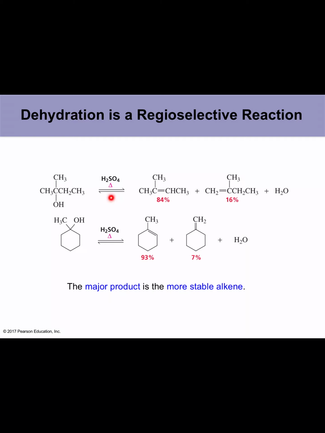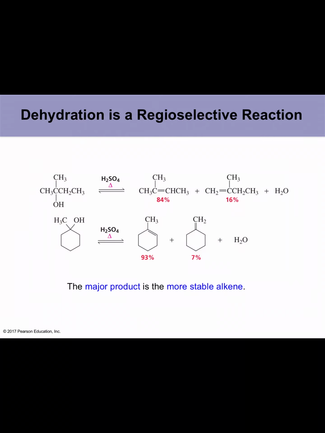In the presence of sulfuric acid, the first thing is oxygen will get protonated, forms a water molecule, and then the water molecule falls off and then forms a tertiary carbocation. Once the tertiary carbocation forms, there are 2 alkenes possible. So you can have the most substituted alkene form or the less substituted alkene form.